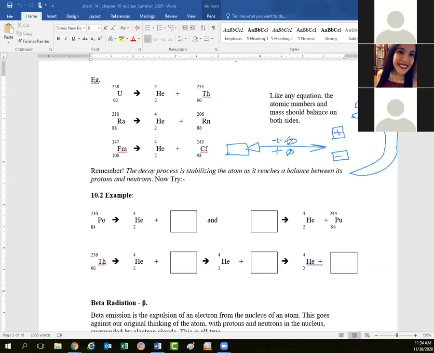Good. And how would those positively charged protons, Maria, be interacting with a negatively charged field? What was the question again? So how would those positively charged protons be affected by a negatively charged plate?